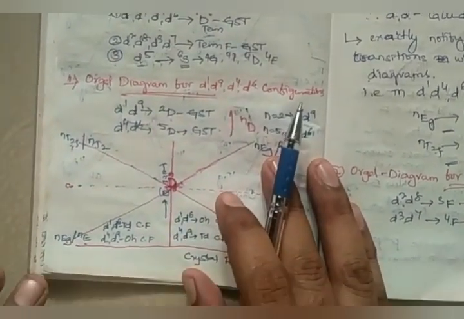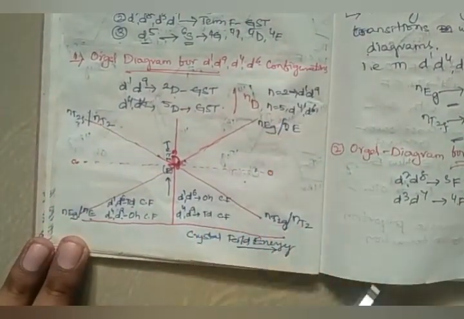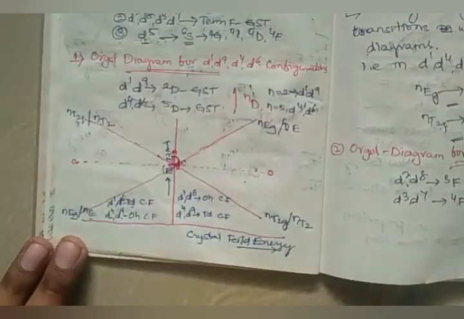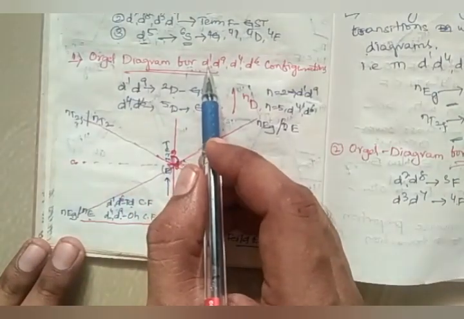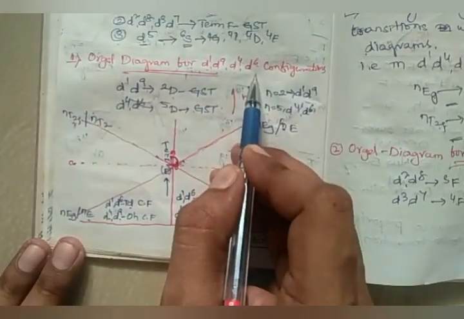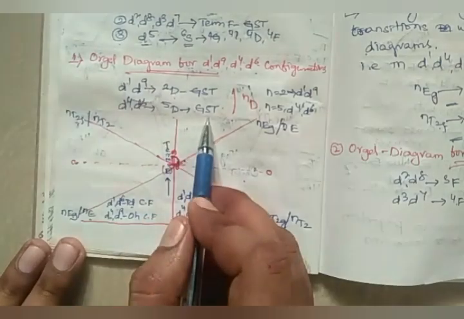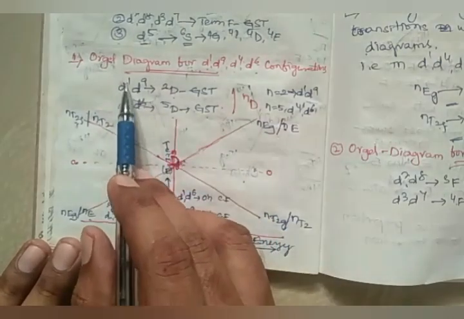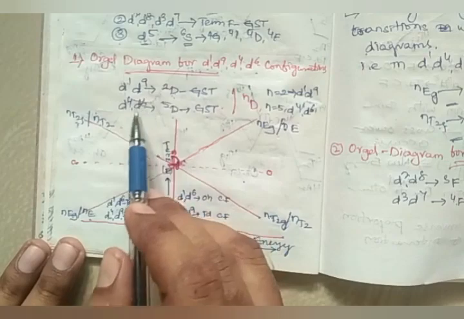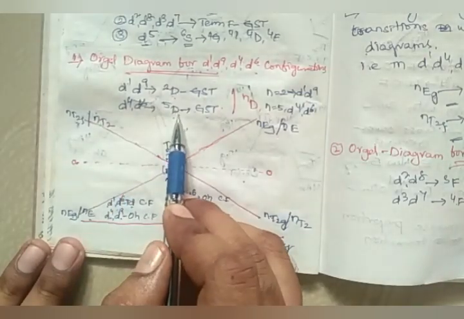So coming to the first Orgel diagram, it is explained for the metal ions consisting d1, d9, d6, d4 configurations, where it has D term as the ground state term. So d1, d9 has 2D term, d4, d6 has 5D term.